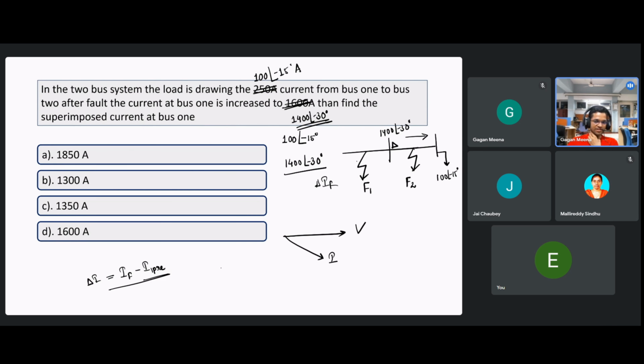So what is the polarizing quantity in a superimposed current based directional relay? In general, for a superimposed current based relay, which one will be the polarizing quantity and which one the operating quantity?